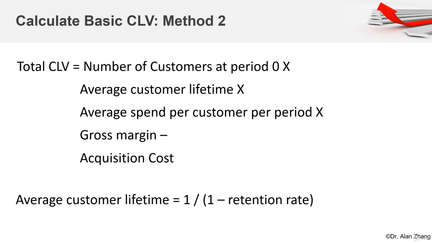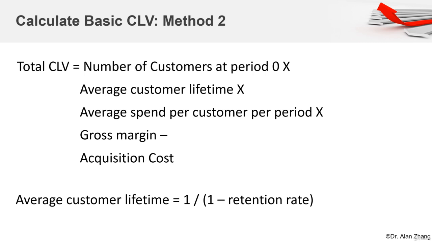It gives you an expected glance of a customer's life or relationship with your firm. In the examples I will talk about in the next section, I will use both method 1 and method 2, and you will see how their results compare with each other. But for now, you just need to know what it is, and we will practice more soon.